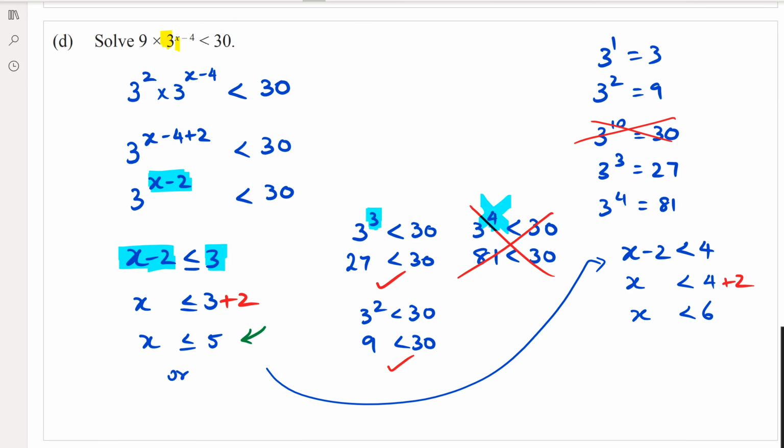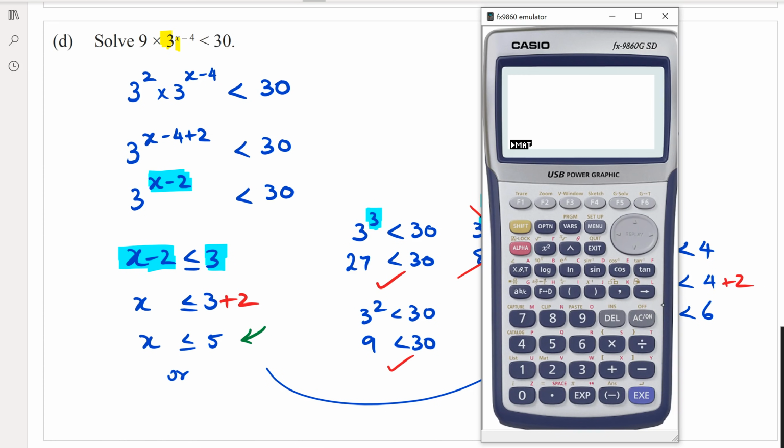Yeah, the reason is because, I mean, we are assuming that the numbers are going to be integers here, because potentially you could actually have, you know, x to the power of, like if x is like 5.9, for example, I think it ends up being, no, hang on. So what I mean by that, that earlier statement that I don't like x less than 6 is because if x was 5.9, for example, then you go 5.9 minus 2 is 3.9, and 3 to the power of 3.9 is actually equal to 72.